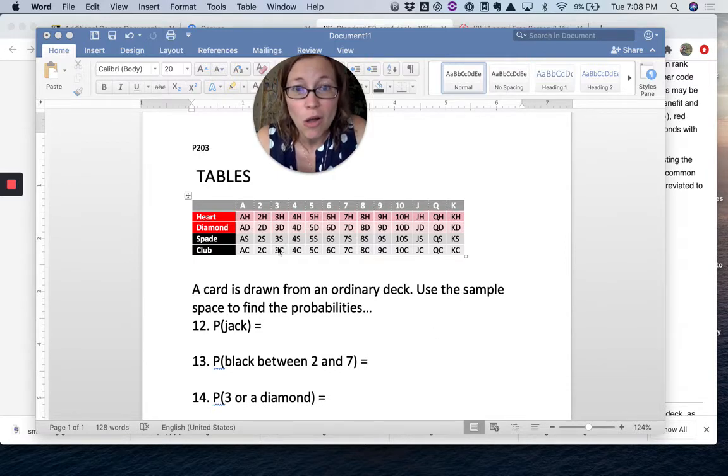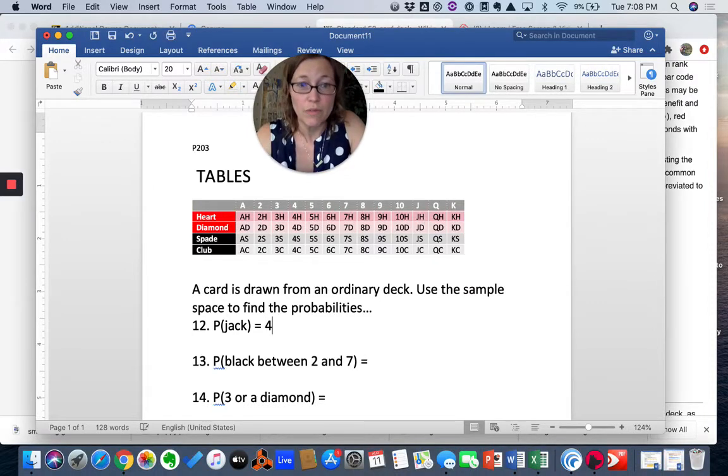So all of these cards right here, all of them together, that is the sample space. So what's the probability that I draw one card and it's a jack? Well, this column right here are the jacks. There's 4 of them.